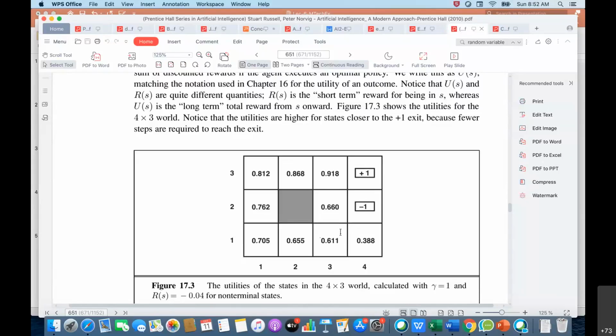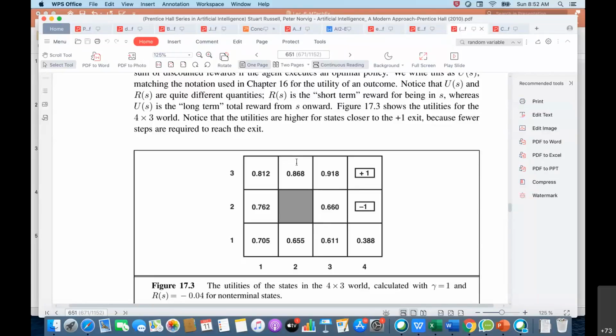For these states, the utility values are even less than the starting state, because the probability of entering minus 1 is quite high.